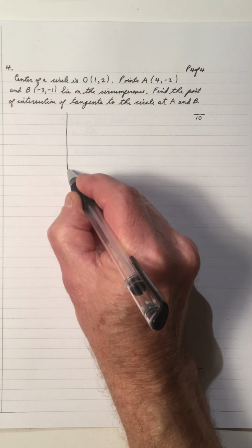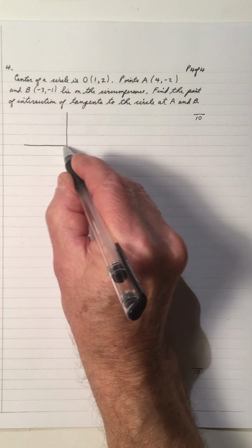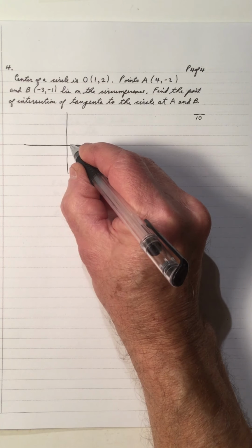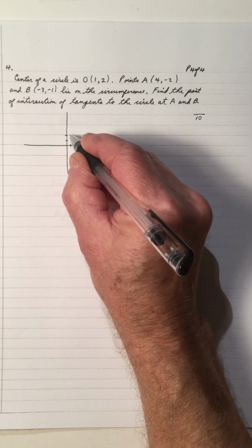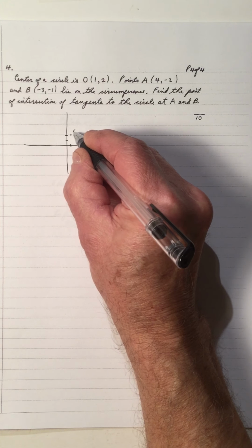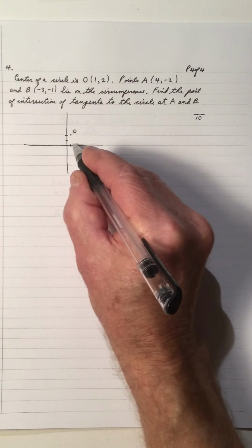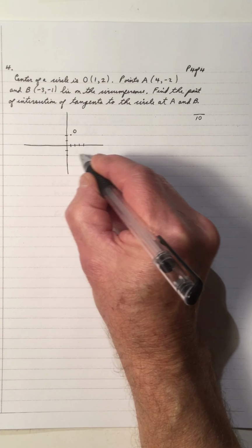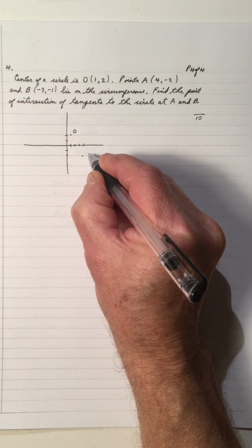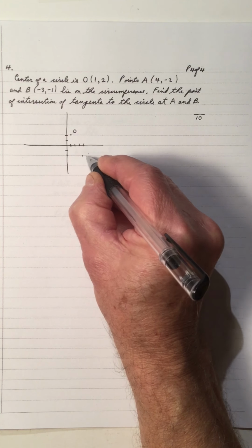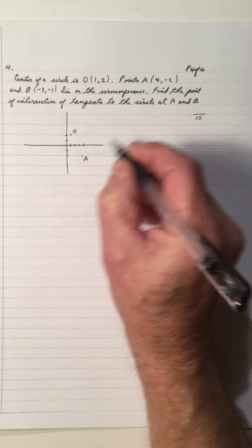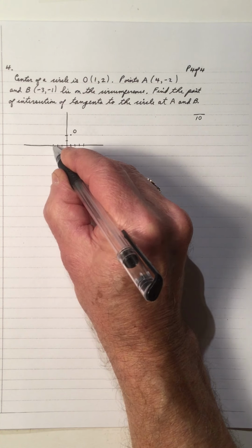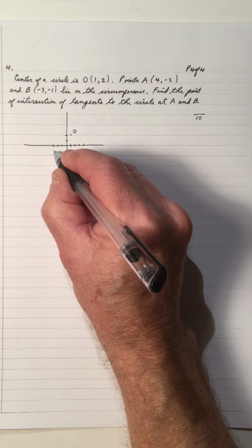Well, again, like before, let's draw a diagram. And we have O as the center. O is (1, 2). There's O. A is (4, -2). There's A. B is -3 for x, and y is -1.